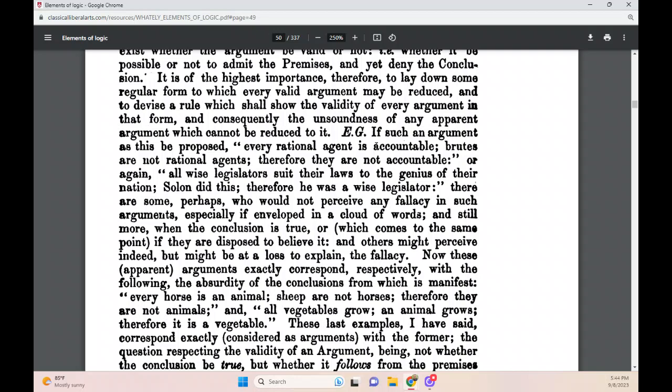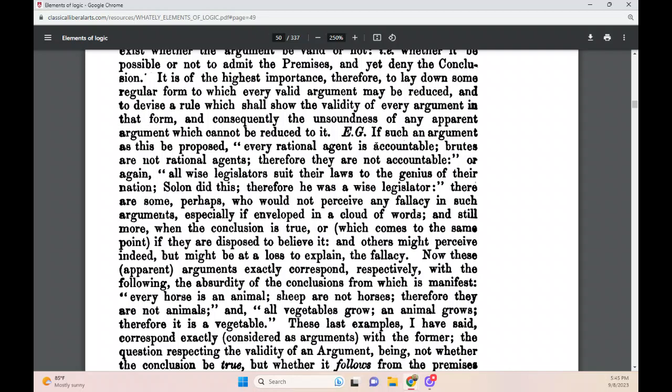And so we've got to be very careful, because thinking of the argument in terms of that diagram, we can see that that conclusion that no brute is accountable does not necessarily follow from the truth of those two premises. There are a number of different places the circle of brutes could go.